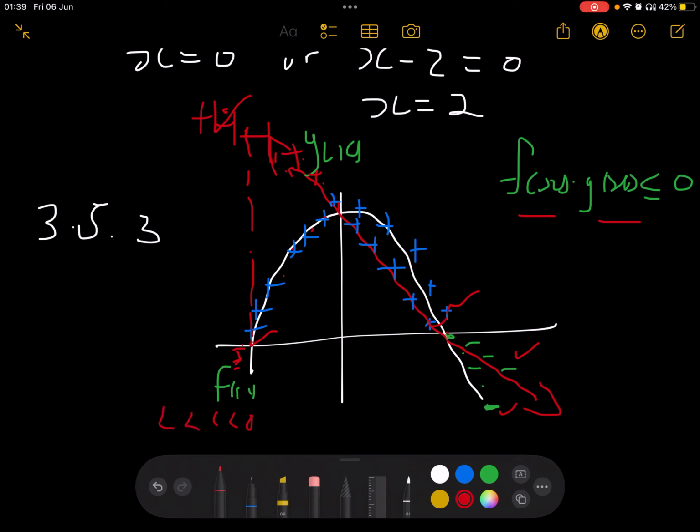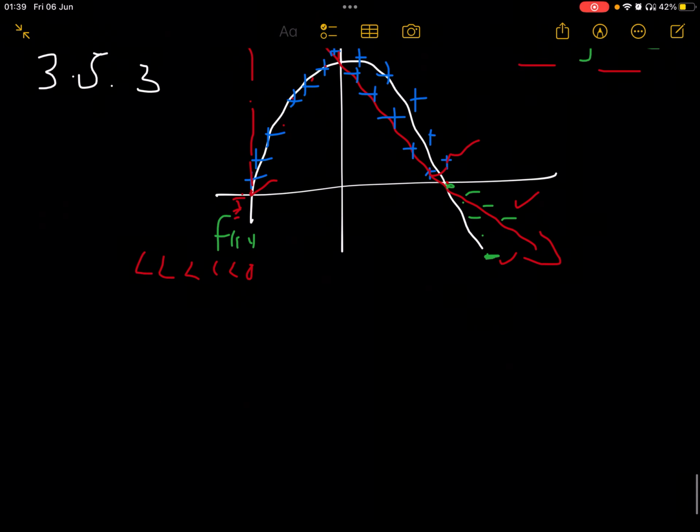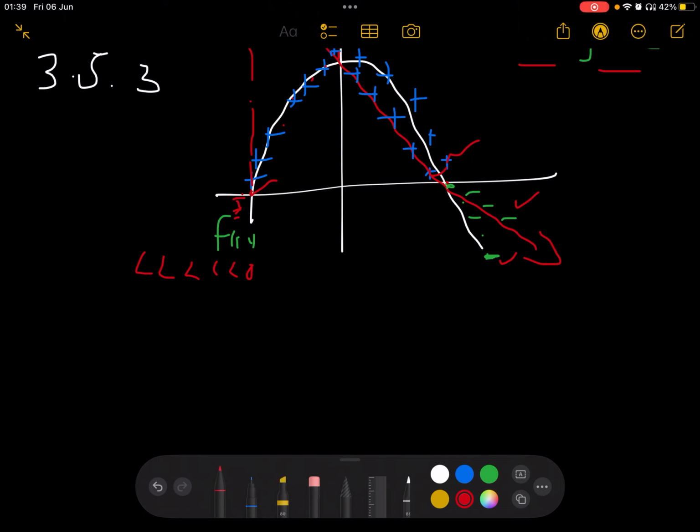So the x value where that statement is true starts from when x equals -2 going to the left. Therefore, the answer is x is less than or equal to -2. Or we can put it as x is an element of negative infinity up to -2 included.